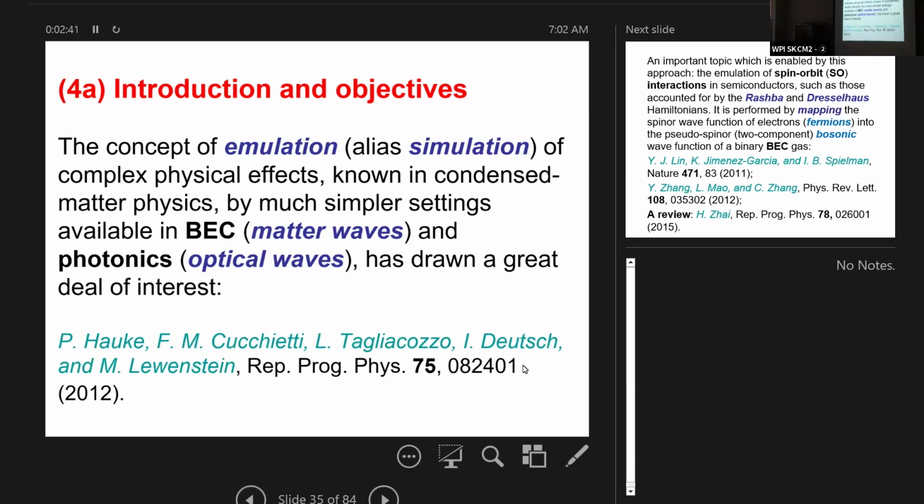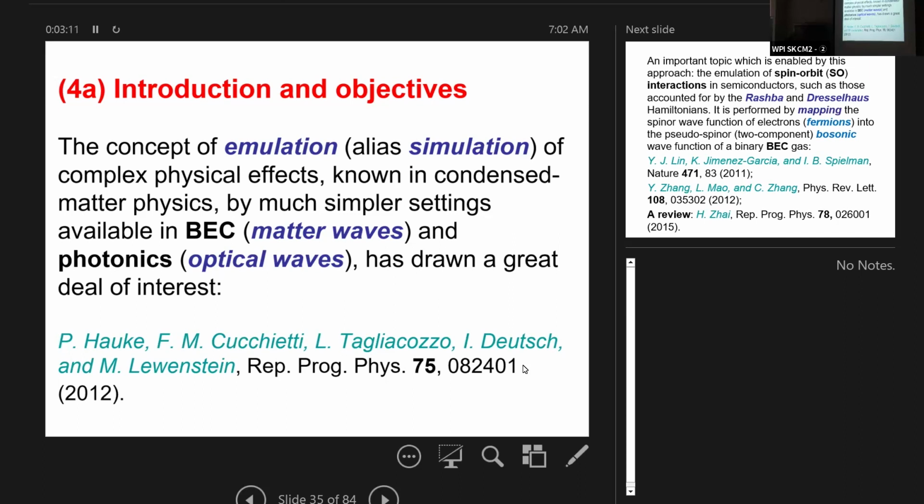Okay, so generally, there are many works which aim to use Bose-Einstein condensates for emulation of various complex effects which have been known for a very long time in condensed matter physics. And in many cases, in Bose-Einstein condensates, it's possible to emulate or somehow reproduce a similar effect in a much simpler and much clearer form.